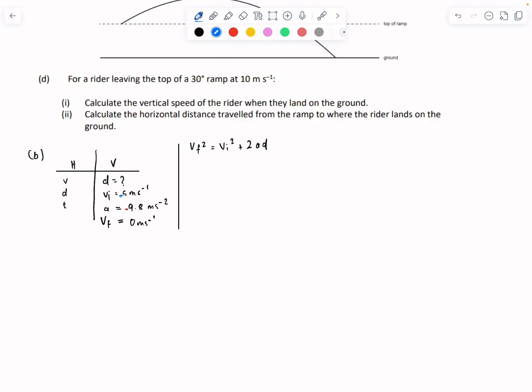Okay, so now we can substitute everything in. So VF is 0. VI is 5 squared plus 2 times negative 9.8 times distance. That's what we're trying to figure out, okay? And so we need to rearrange this whole thing to get distance.